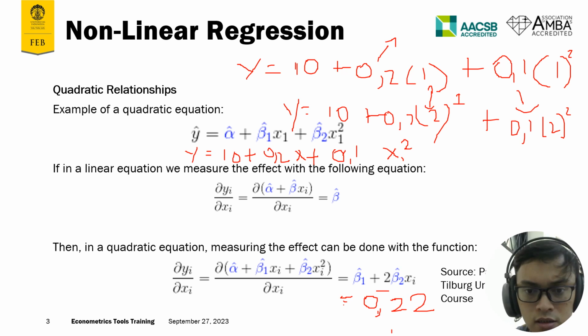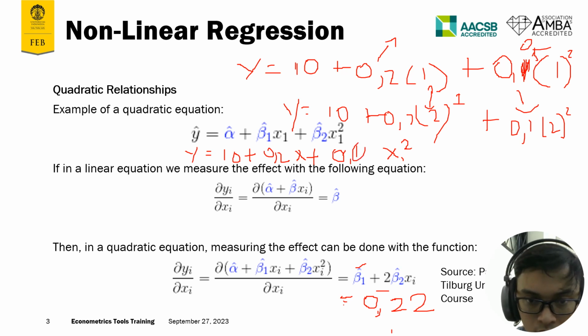Now the effect is, because this is 0.2, this is 0.1 multiplied by 2 and multiplied by x1. Let's make this one smaller. Usually the beta 2 is so small, so make it 0.05 for example.